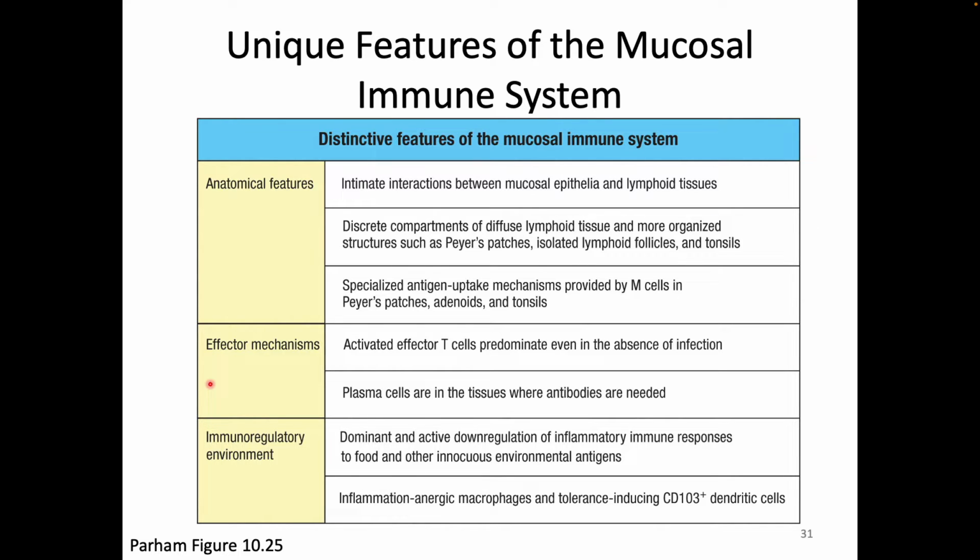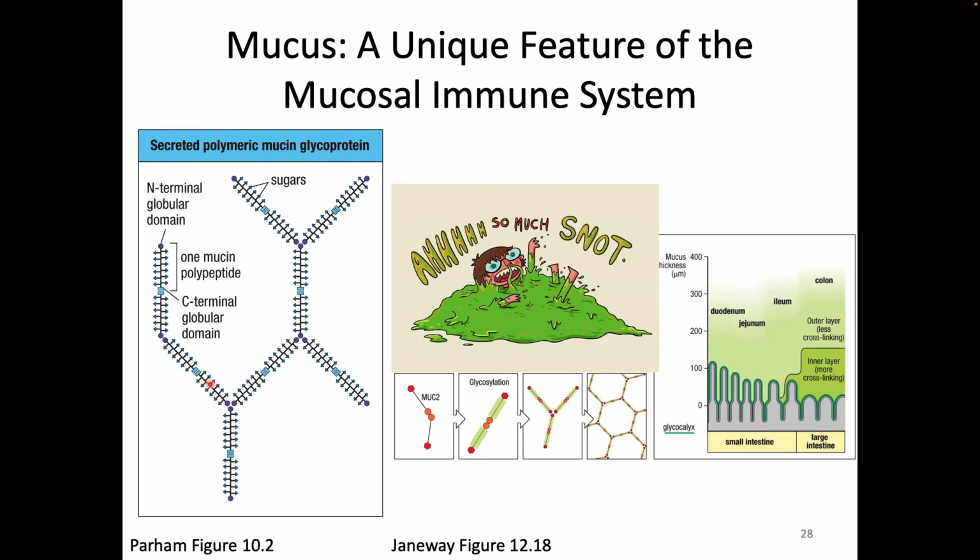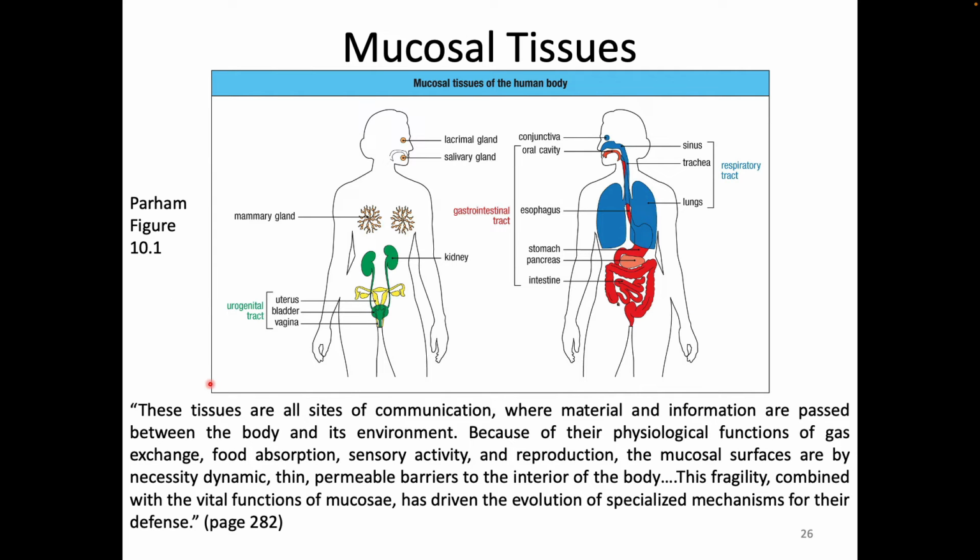But if you actually took chapter 10 of your book and looked at it really closely, you would see that when it is talking about the mucosal immune system, it pretty much always uses the same anatomic location as its example. And when most people think about mucosal immunity, they think about one particular mucosal immune organ instead of talking about what's up with all of the mucosal immune organs.